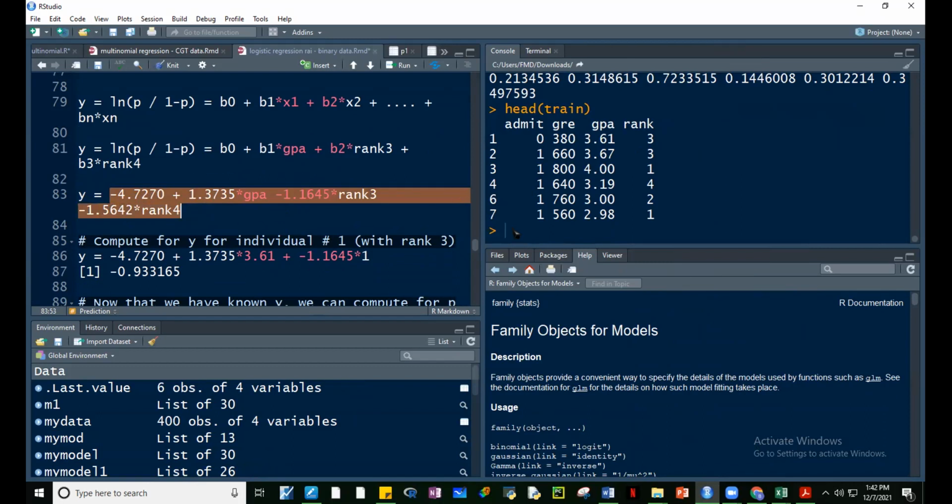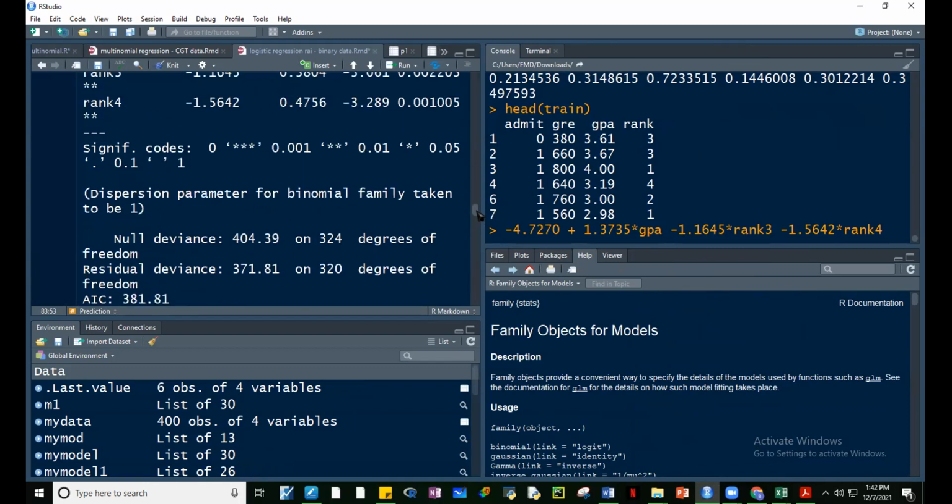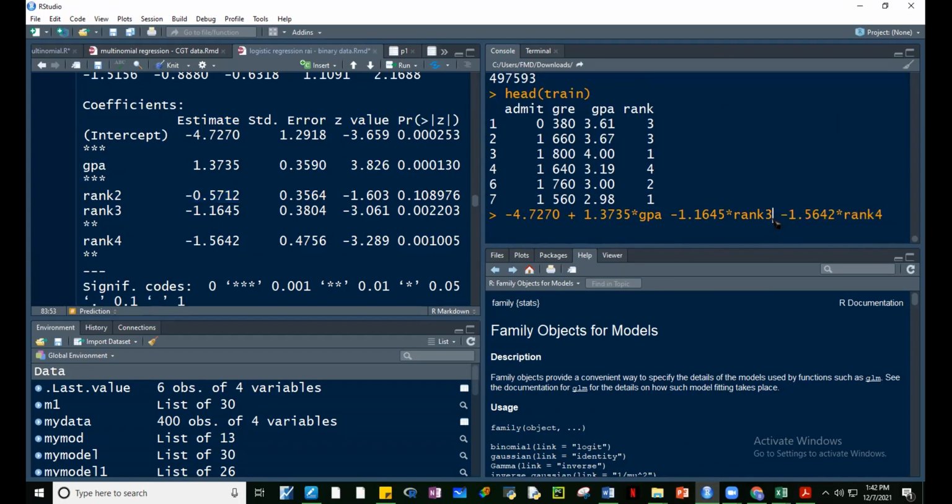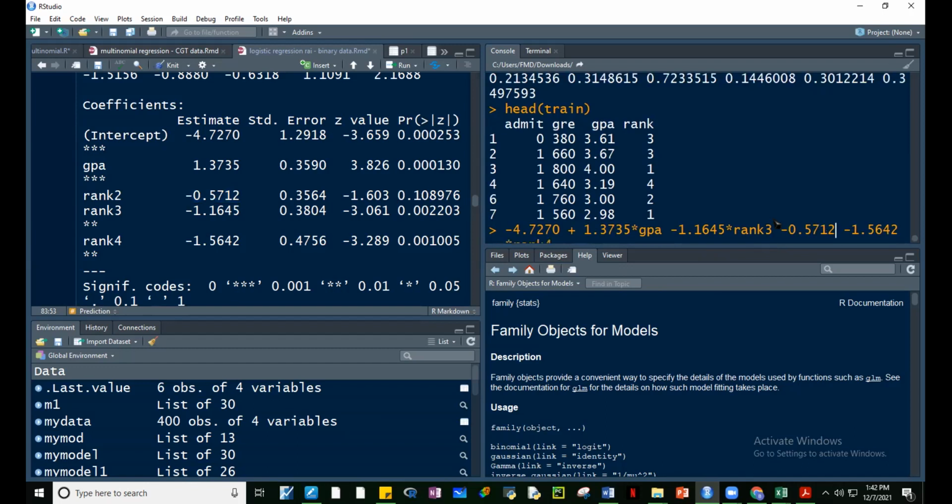Control C. Isama na natin si rank 2, no? What's rank 2? Intercept, anong slope niya? I-copy ko na lang to. Control C, no? Okay, since we're including it, might as well include it here. Control V times your rank 2.